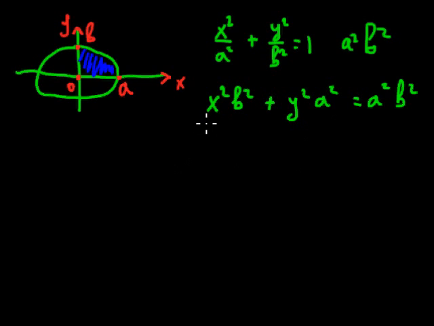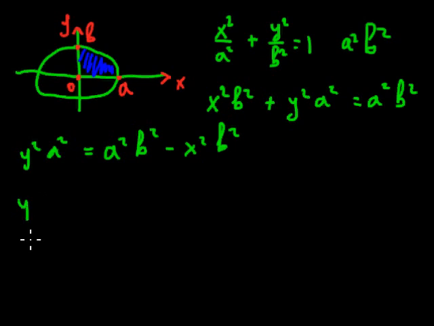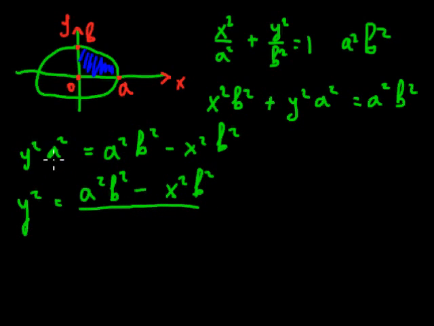Okay, now let's leave this term on this side. Y squared a squared equals, and let's move this term to this side. So we have a squared b squared. When you move this term, becomes negative minus x squared b squared. Now to solve for y squared, we need to divide both sides by a squared. So we get a squared b squared minus x squared b squared divided by this a squared.